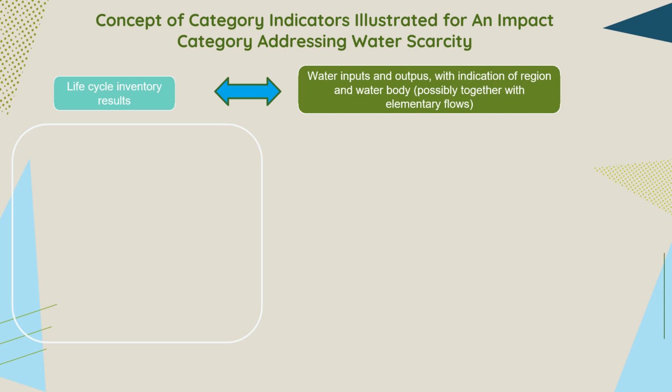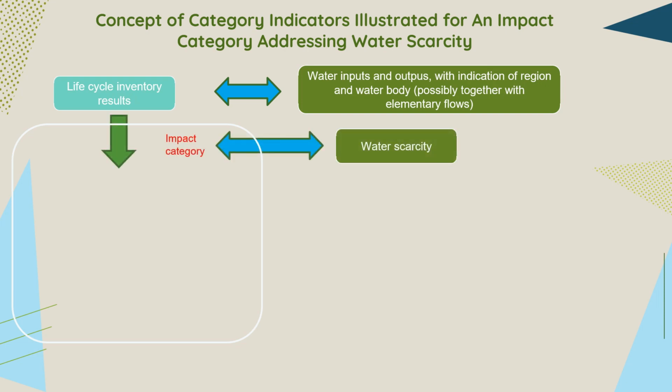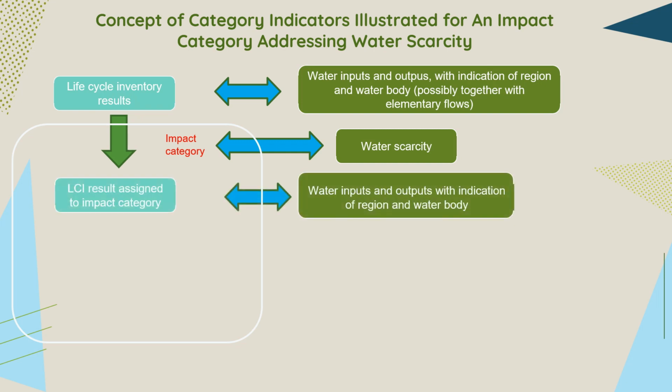Concept of category indicator illustrated for an impact category addressing water scarcity, which is life cycle inventory result, water input and output with indication of region and water body possibly together with elementary flow, which is impact category is water scarcity, and life cycle inventory result assigned to impact category, which is water input and output with indication of region and water body.